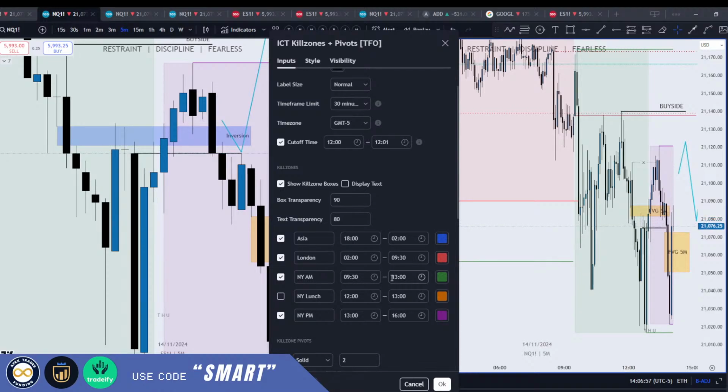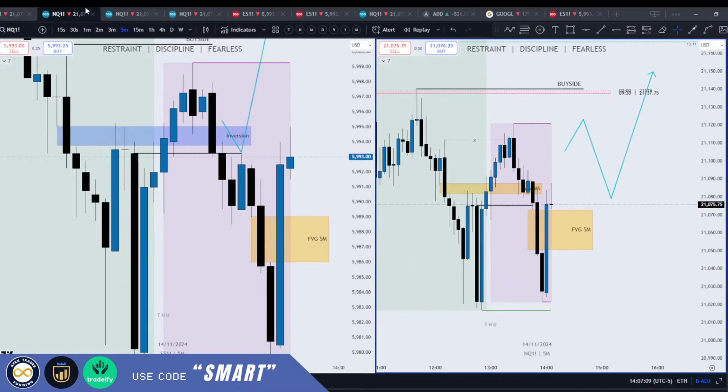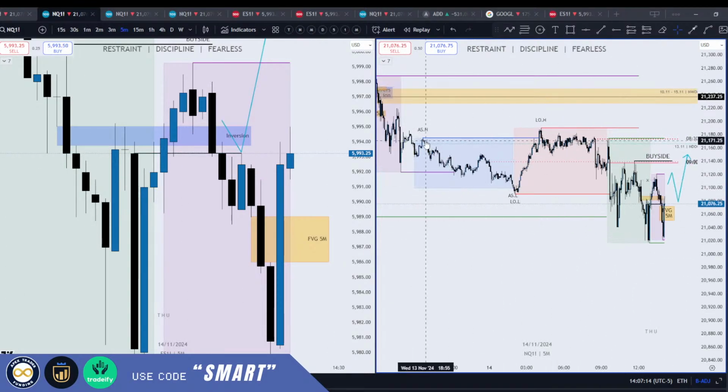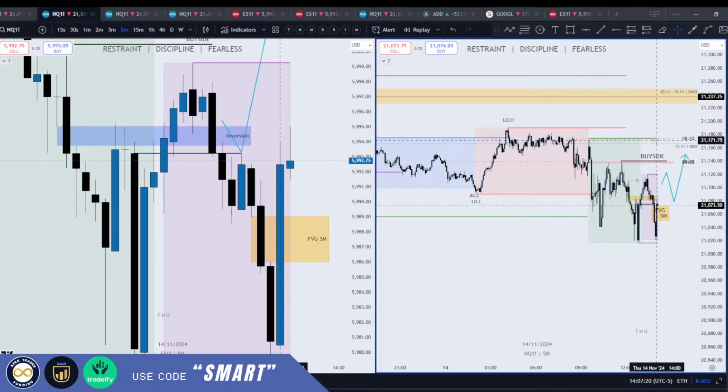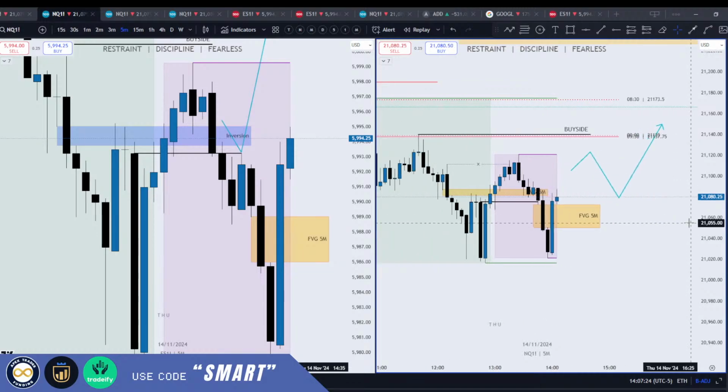And then for PM, 1 to close, 1 to 4. You can extend it to 1 to 5 even, all the way to PM close if you wish. That breaks up the time very well, because you have Asia, a large London, and then you break the New York AM session and PM session into two segments. That's how I like to do it.